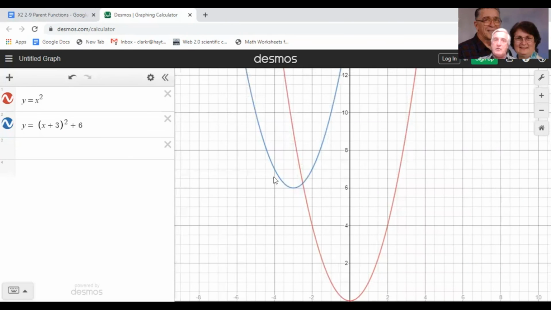Here, I've moved it over and up. It's a slide. I slid the vertex from here up to here. It's a transformation. But the parent and the child function still look like each other. Just like crazy Rufus still looks like his grandfather.